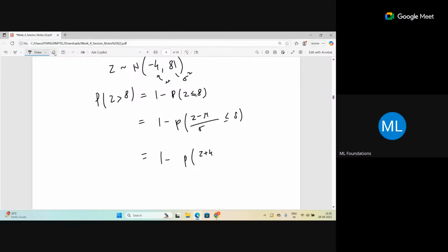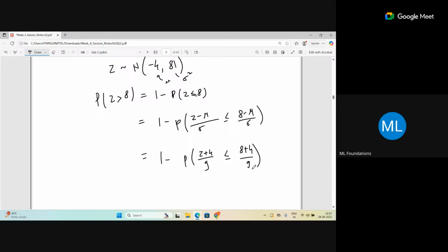We should do the same thing on both sides, right? And (8 minus mu) by sigma, where mu is -4, so that will be (8 plus 4) by 9.